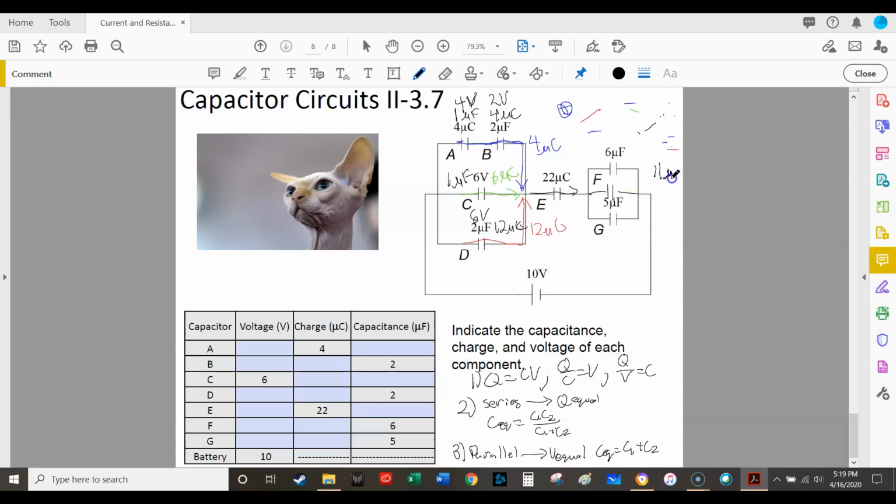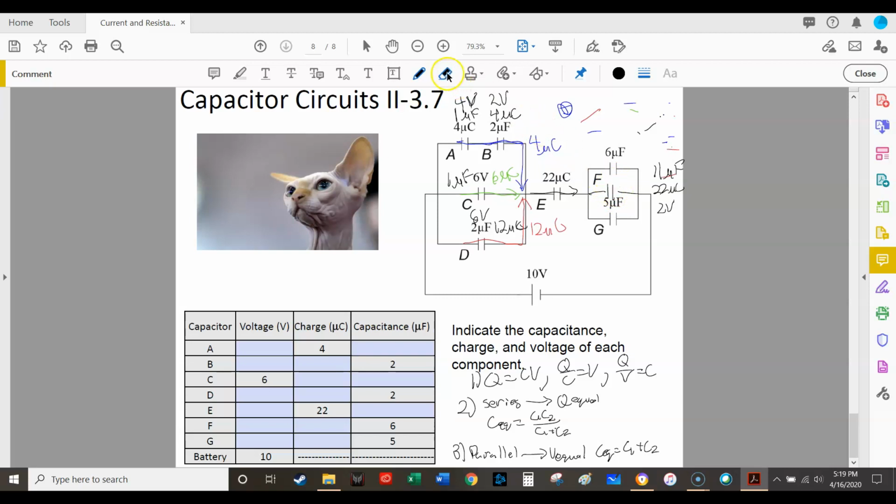That's going to be 11 microfarads, 22 microcoulombs. Well, 22 microcoulombs divided by 11 microfarads, that's going to be 2 volts, right? And so that 11 microfarad capacitor would be getting 2 volts.